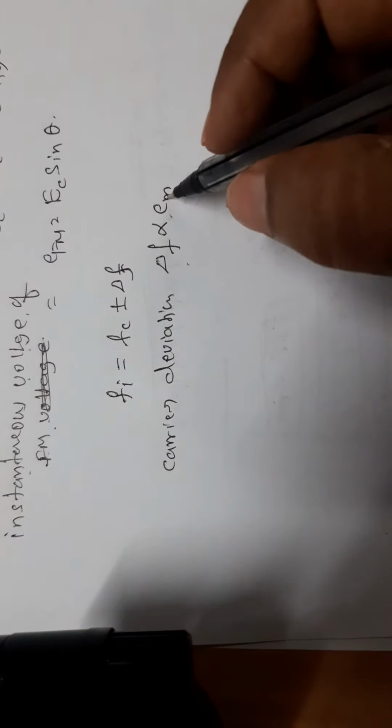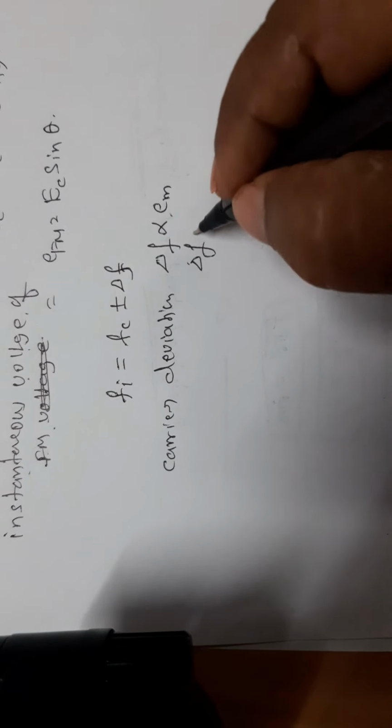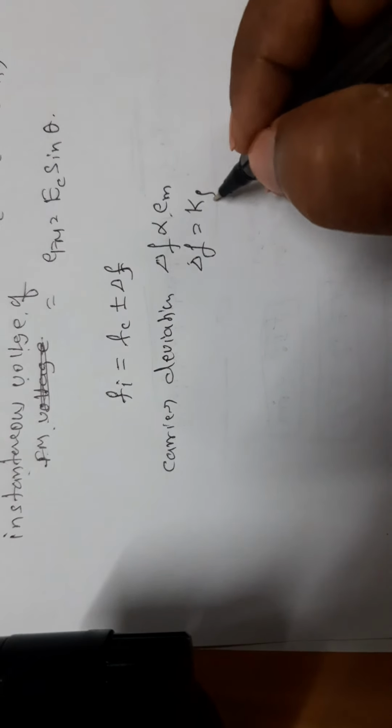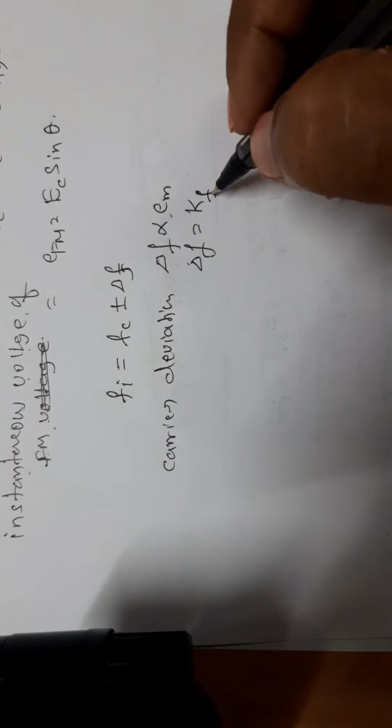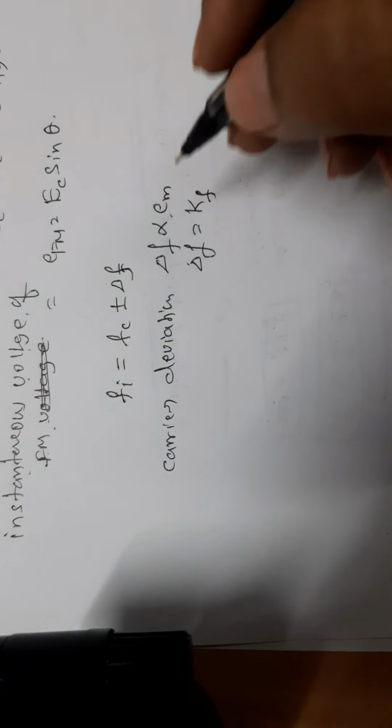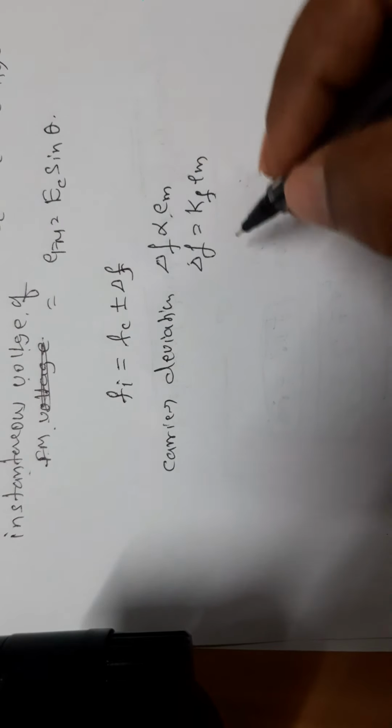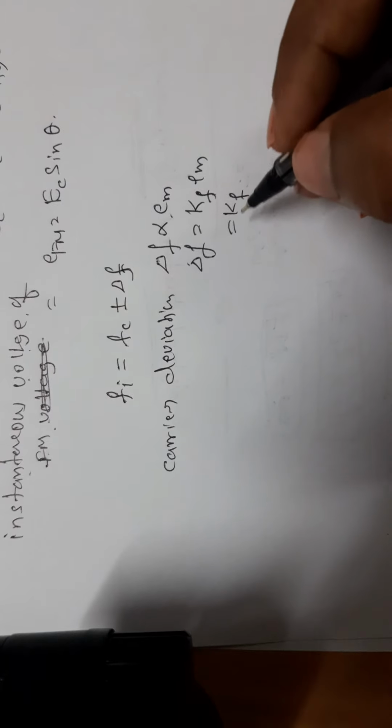That is, delta F is proportional to Em, or delta F is equal to some proportionality constant Kf, called the constant of frequency variation, into Em. What is Em?